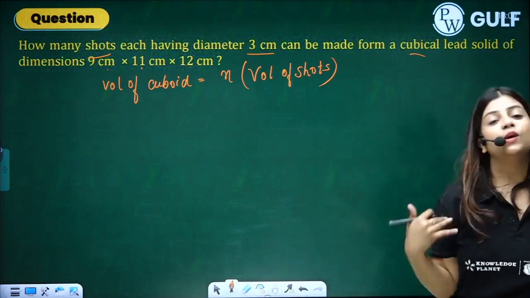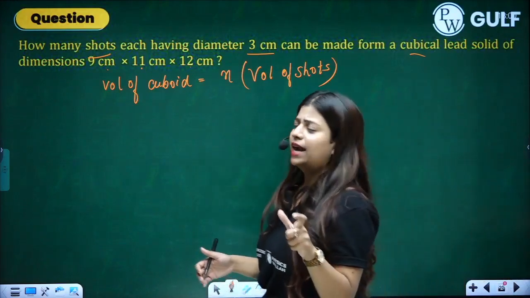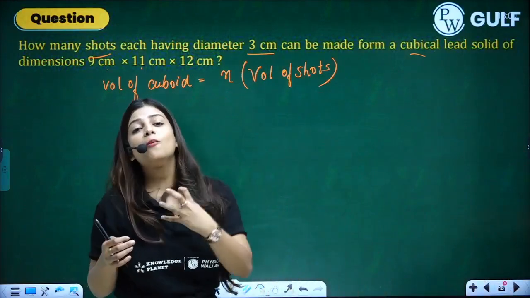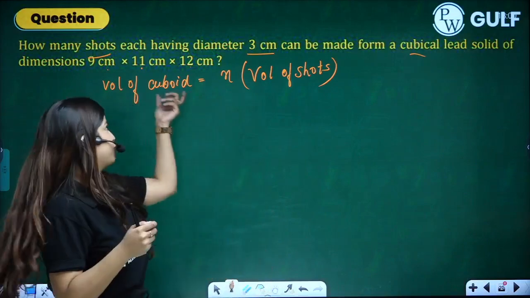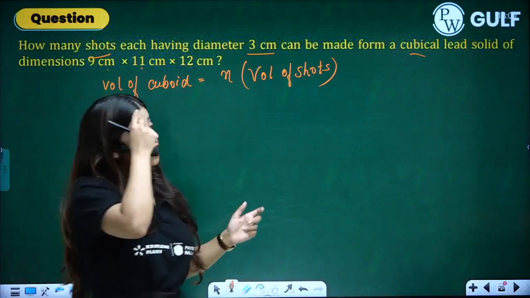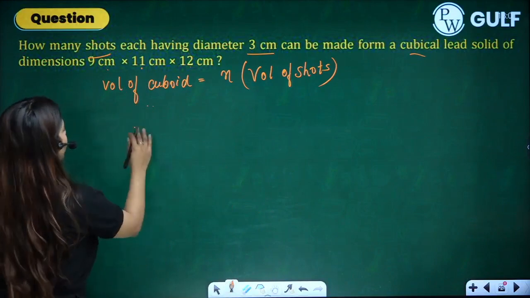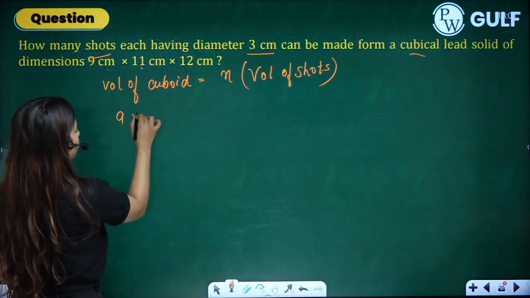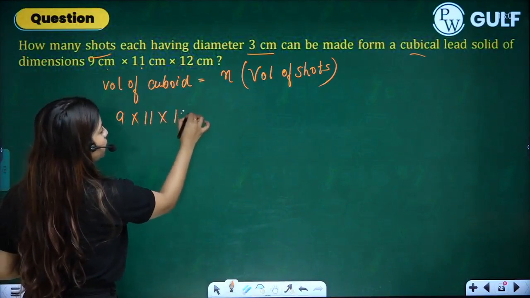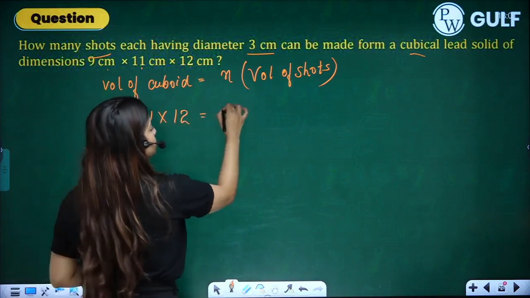So let's assume n spherical shots; we don't know how many shots we can make from that cubical box, right? So volume of cuboid will be equivalent to length into breadth into height, which is equal to n.